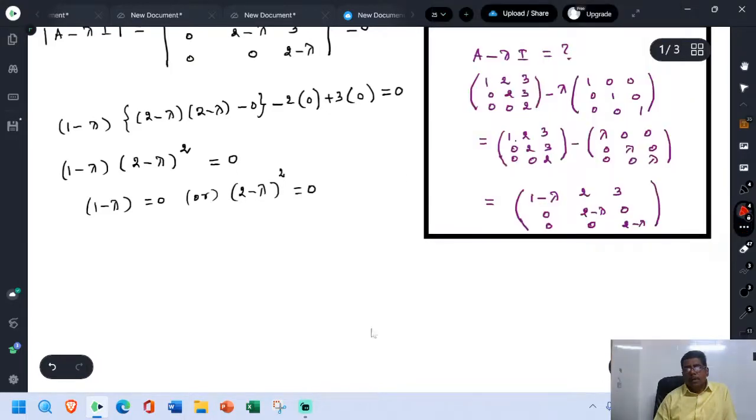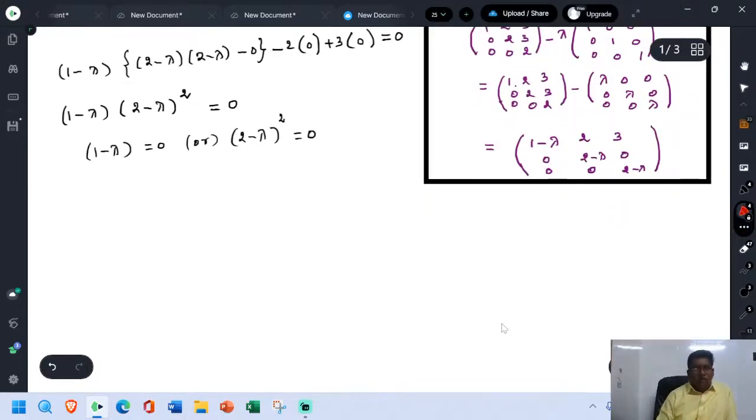If 1 minus lambda equals 0, then we get the first root, lambda 1 equal to 1. This is the first eigenvalue.